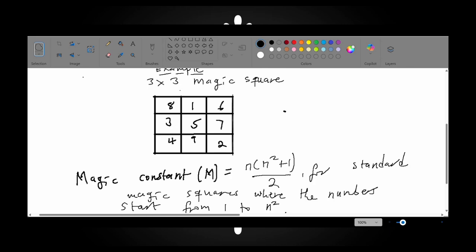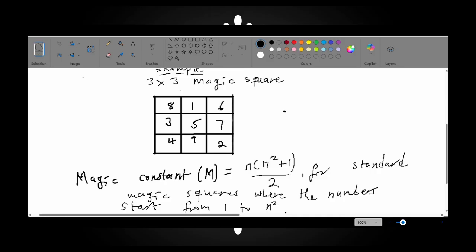The same thing applies to the columns. If I find the sum of the first column, the second column, the third column, I should get the same number for each of the columns, and this number should be equal to the number that I had for the rows as well.